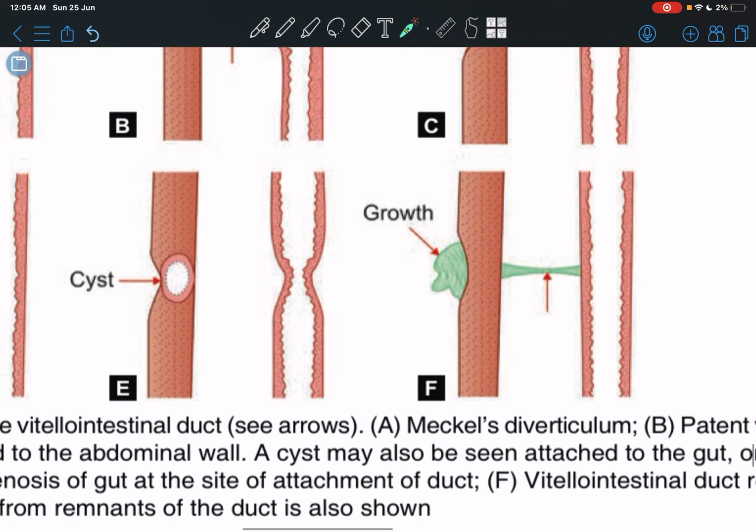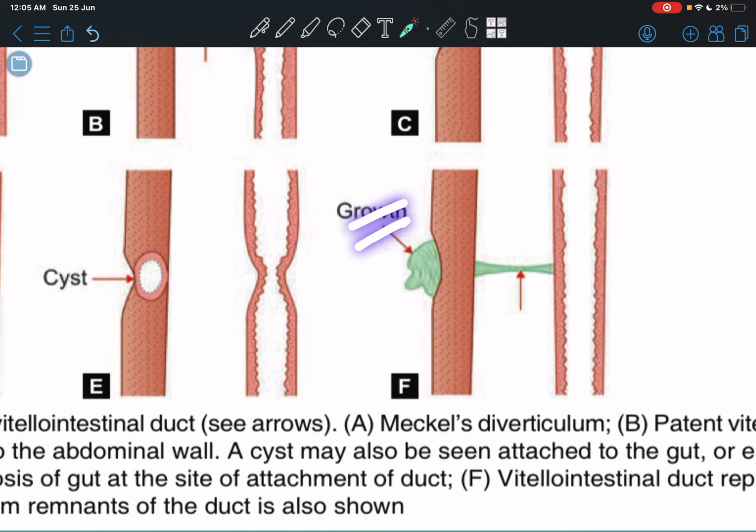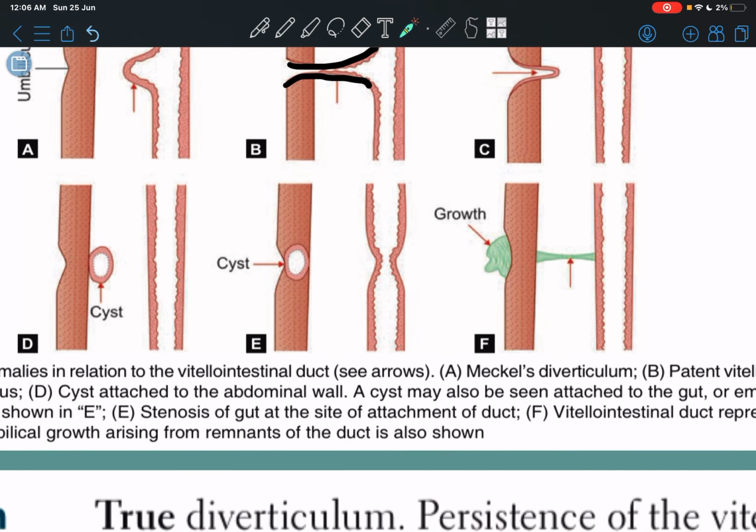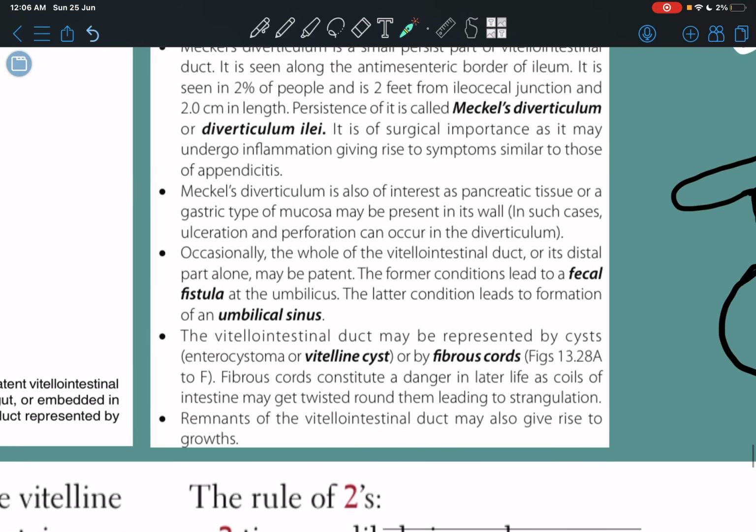Other thing is the remnants of the duct can form growths, or there could be fibrous cords instead of Vitellointestinal duct that can lead to fatal consequences like volvulus and strangulation of intestines, all of that. Or the cord only. So all of those things. Now I think we've discussed everything that's there to be discussed.